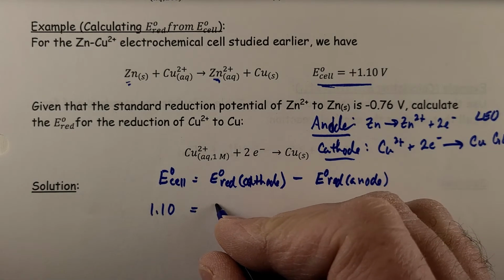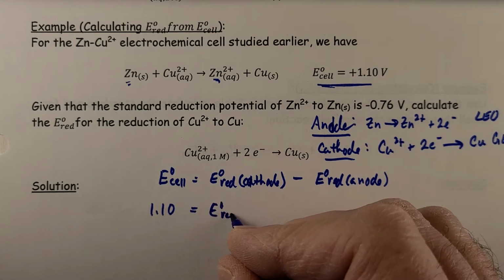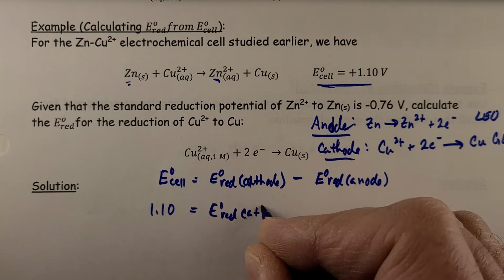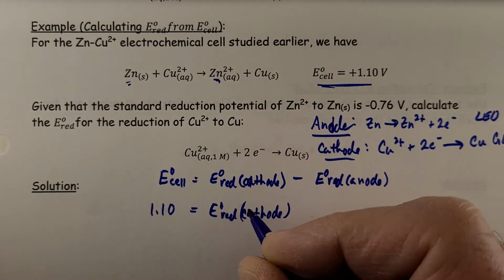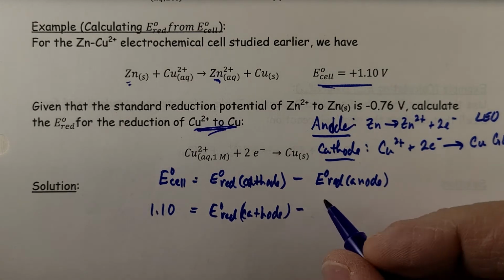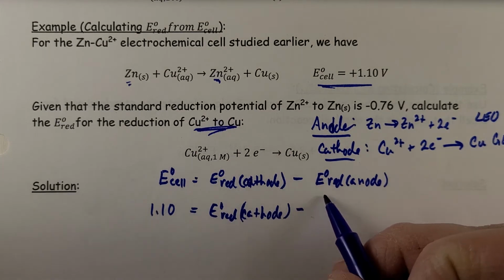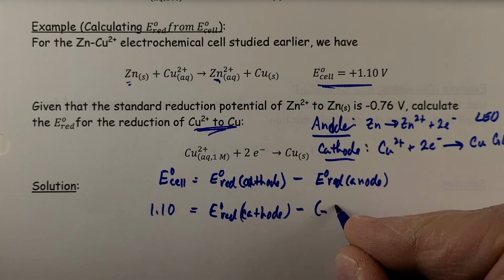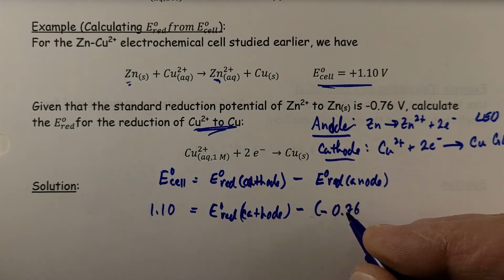And we're looking for the reduction at the cathode. Earlier we determined that the anode was minus 0.76 volts.